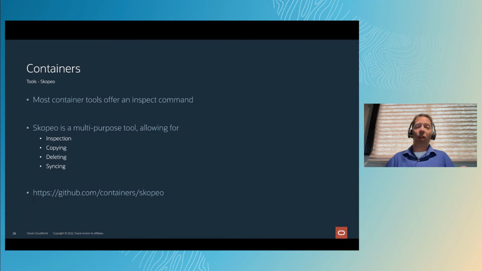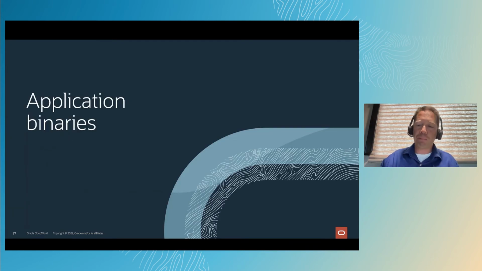Helpful lines would be looking at the architecture or some of those different platform specifics. Skopeo goes beyond that and allows for not only inspection but also copying, deleting, syncing, all that good stuff. It's really another good tool for your tool belt when you're working with containers. So I just wanted to call that out and make mention of Skopeo on a side note.